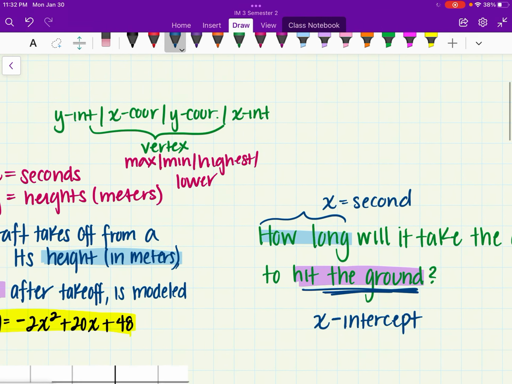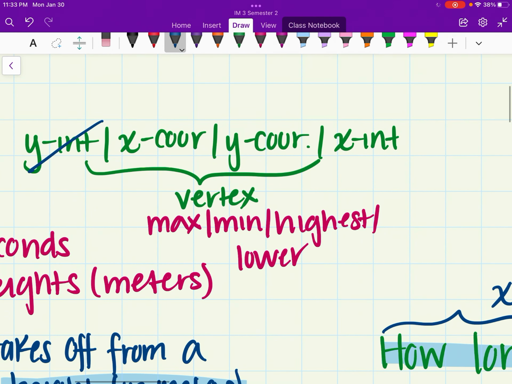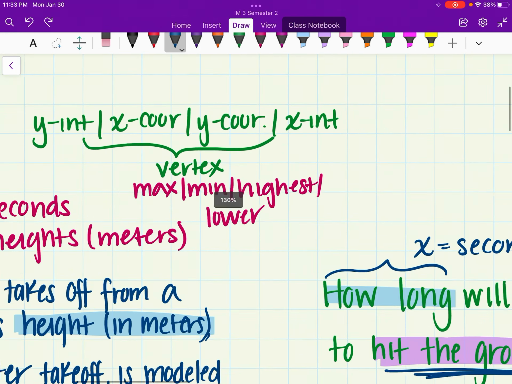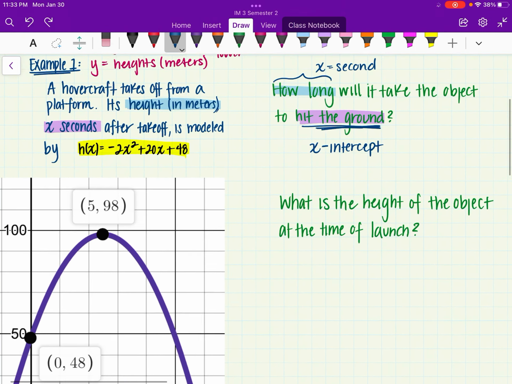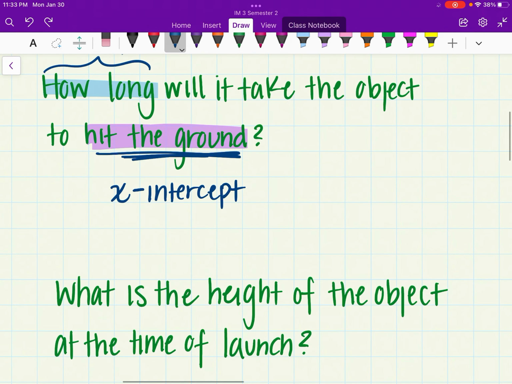Notice, guys, because it's talking about seconds, I would have eliminated these two. And since it's focused on the ground, not the maximum, it would be the x-intercept. So that's a little process of elimination there. And that was actually 12 seconds. Our answer there is 12 seconds.